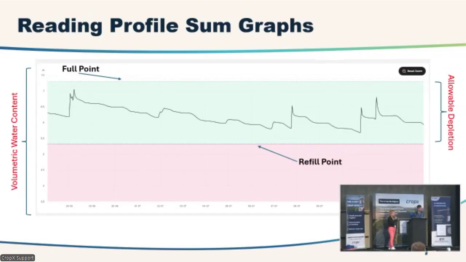So you're allowing the soil or the plants to deplete that moisture down to that refill point, which is going to be your trigger to irrigate. And I'm sure most of you know this, but on the bottom you've got your dates, and on the left you have essentially volumetric water content. Anything to add on that?